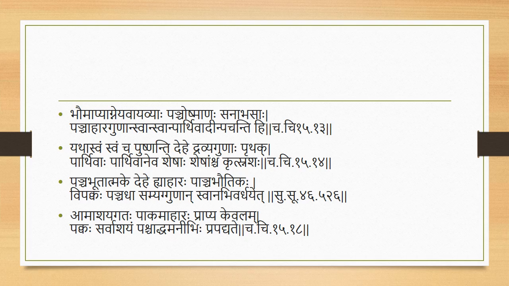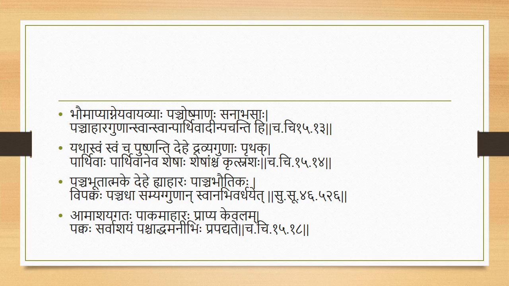Specific categories of entities in the body having specific attributes can be nourished only by those substances that belong to the same category having those same attributes. This means that Parthiva entities in the body can be nourished only by the Parthiva substance in the food, and so on.